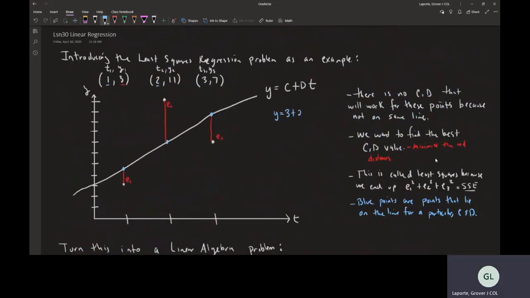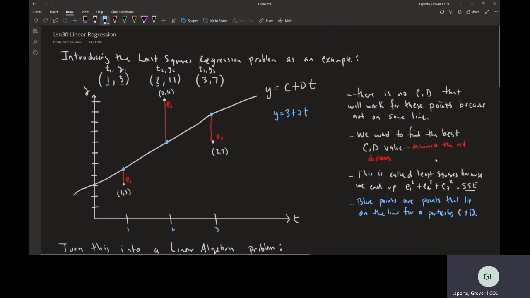3 plus 2t. All right, so if t is equal to 1, 2, 3, if t is equal to 1, let me put this in a different color. So I'm going to put the actual points in white, so I don't forget what they are, that they're the actual points.